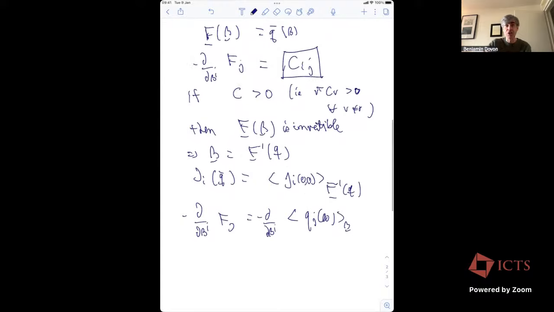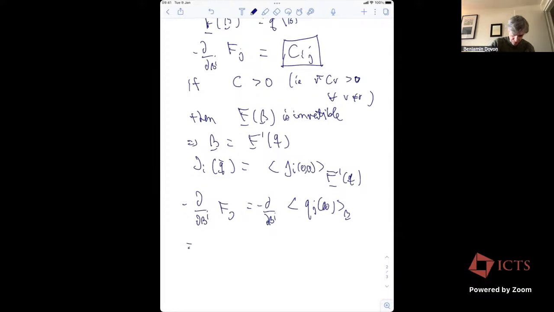And that's something that I just calculated a few minutes ago. I can do it again. So I have the trace of exponential minus sum over all k beta k qk, then qj at 0, 0, divided by the same trace with an exponential.